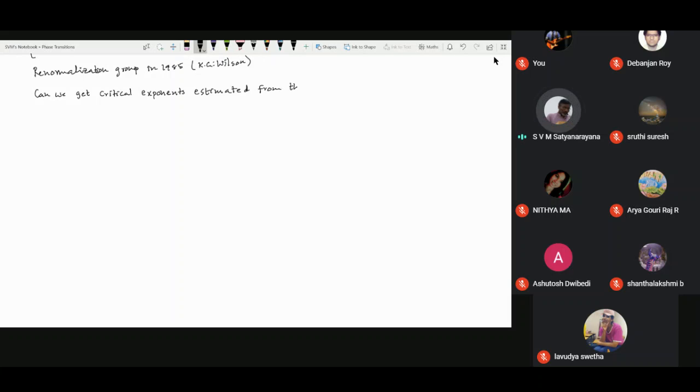First, we have been able to get them from the experiments. If we ask this question, then we have to deal with an interacting system, because as I told you, interactions are important.